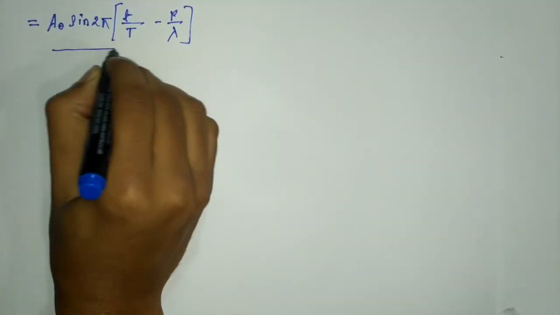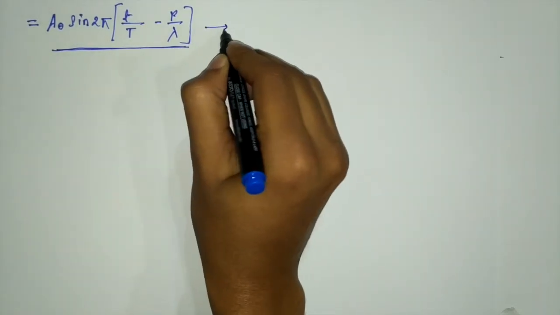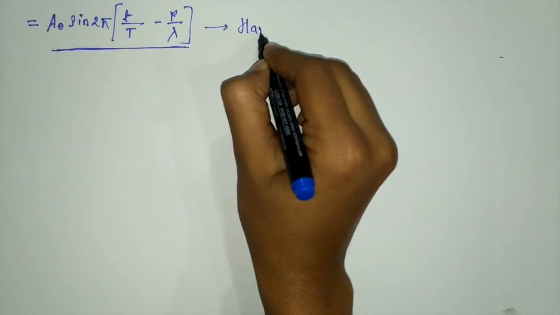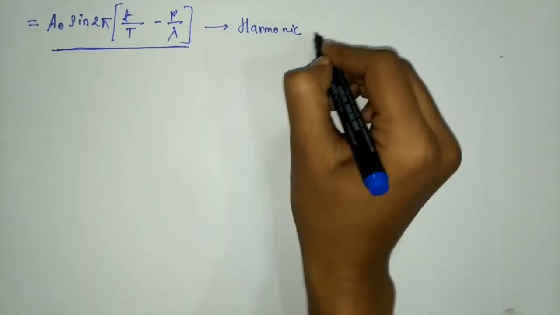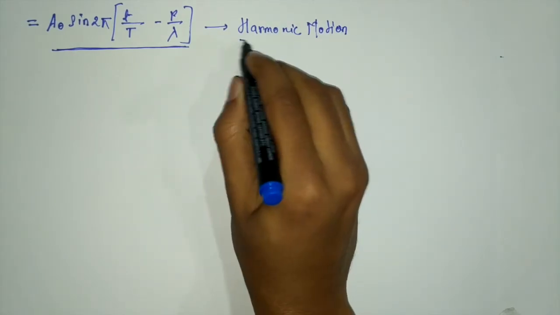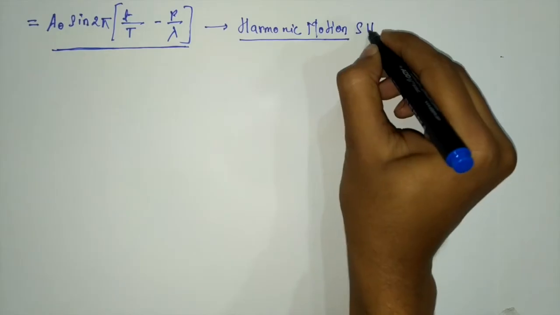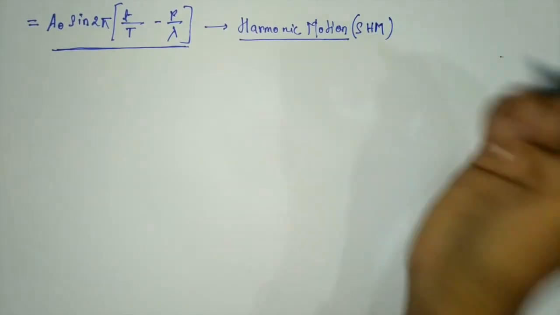If we see this equation carefully, we see that this is also an equation of harmonic motion, or we can say SHM, that is simple harmonic motion.